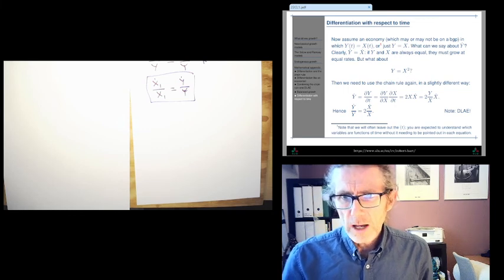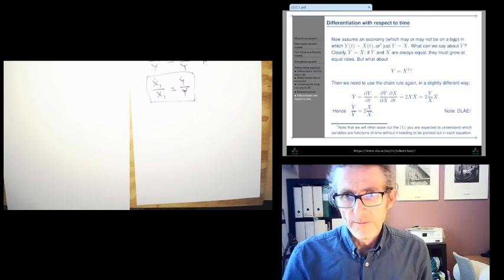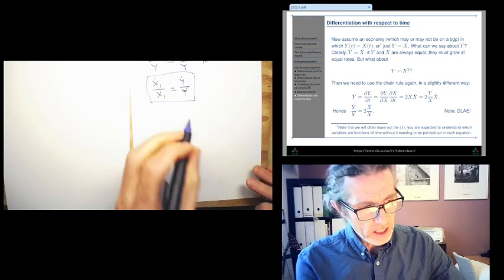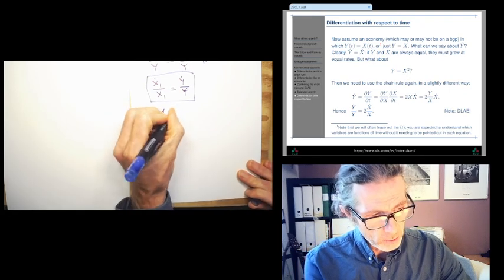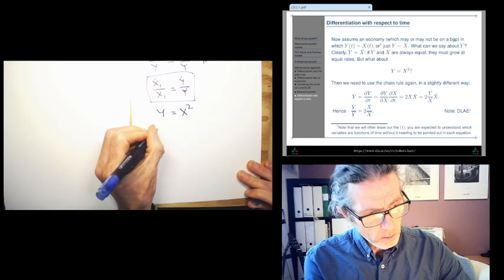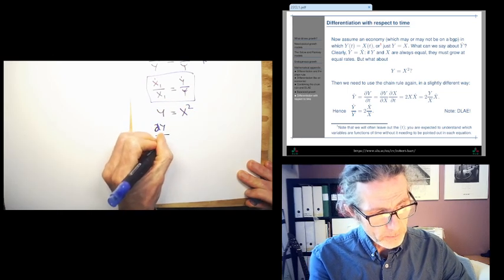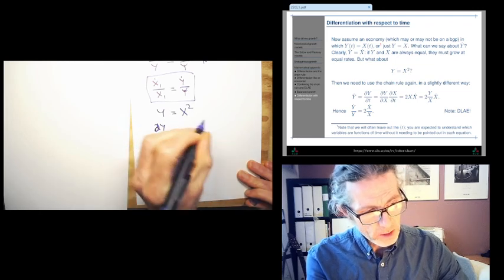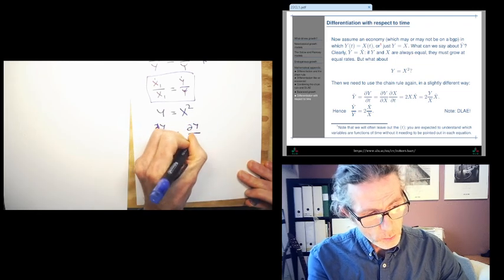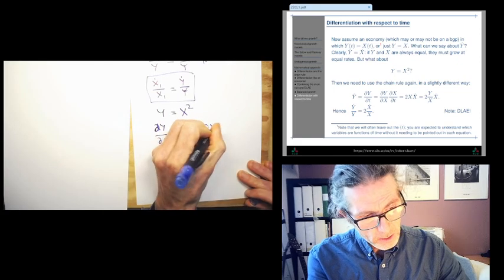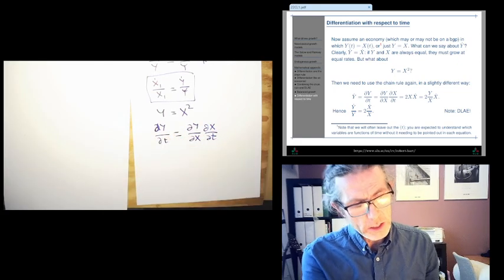But what if we have y equals x squared? Well then, it's actually another version of the chain rule. If y equals x squared, then dy dt is dy dx times dx dt.